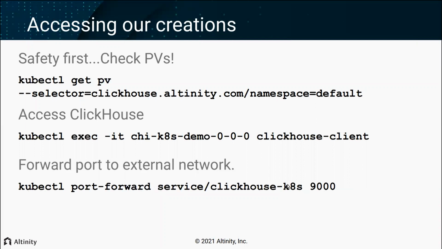It's called ClickHouse Kubernetes. We just expose it on port 9000, and this allows clients outside of Kubernetes to connect to it and use it. So these are 3 things that you'll do when you get set up. And at that point, you're ready to start playing around with ClickHouse and developing applications.